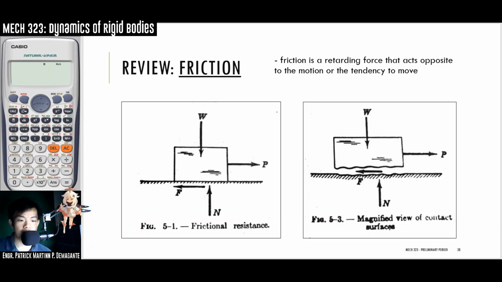Maybe visually it looks smooth, but if you look using a microscope, it is crooked. So, our surface, our particle, our body, will clamp or hook with the surface. That is our friction.